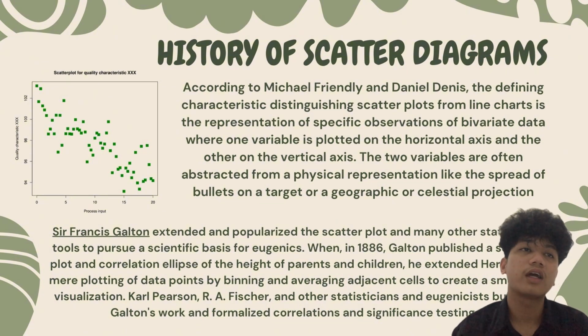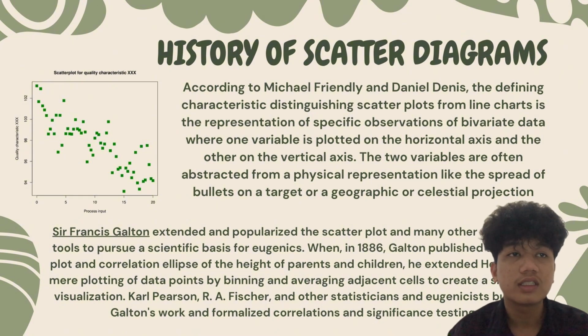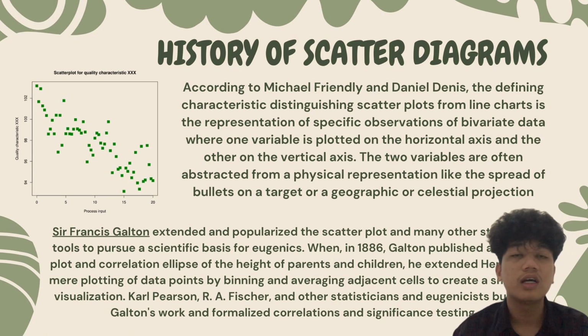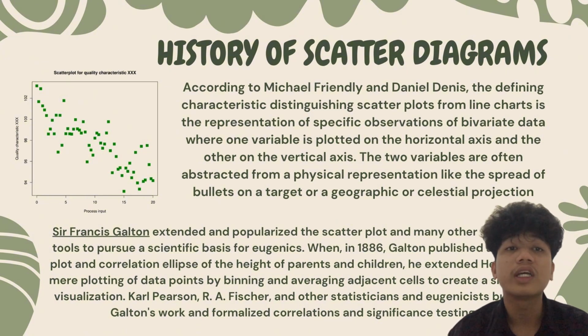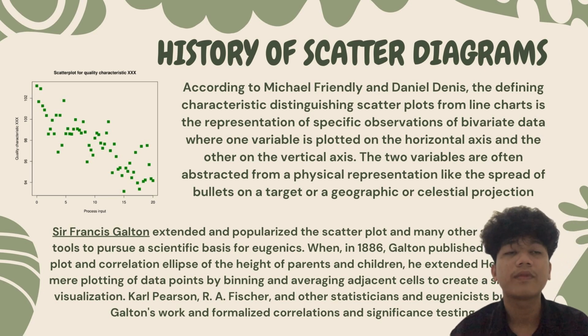He extended Herschel's mere plotting of data points, binning and averaging adjacent cells to create a smoother visualization. Karl Pearson, R. A. Fisher, and other statisticians and eugenicists built on Galton's work and formulated correlation and significance testing.